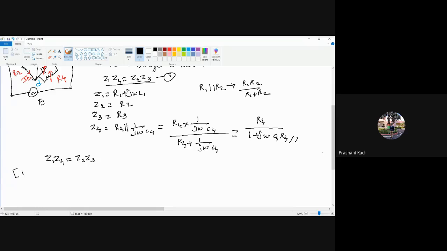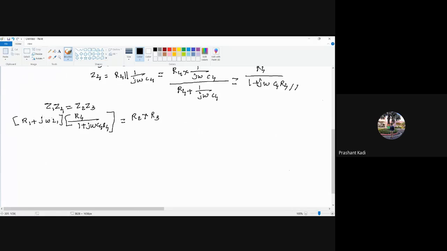Z1 is R1 plus j omega L1 multiplied by Z4, which is R4 divided by 1 plus j omega C4 R4. The left hand side is over, equals Z2, which is R2, and Z3, which is R3. So now it is only the simplification part.